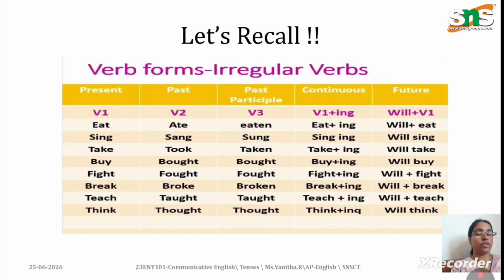In future tense we always use will. It can be will, shall, any word. Yes, we often use will. So we use will with the V1 form of verb. What is the V1 form of verb? It is the original word, the action word. Okay, these are the regular verb forms that you are supposed to know before you learn tenses.